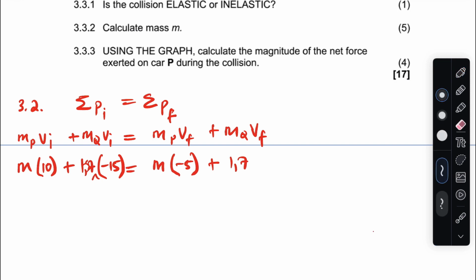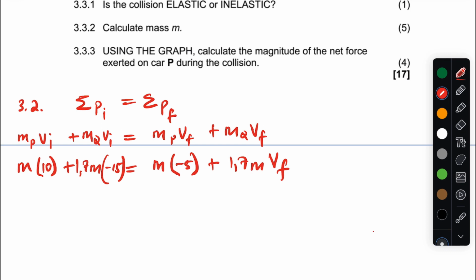Let me get an eraser to erase that. Okay, it's 1.7 m times by what? -15 there. So here it's 1.7 m multiplied by VF.